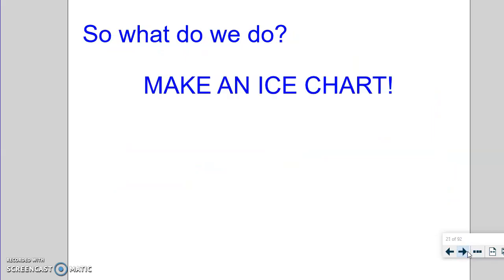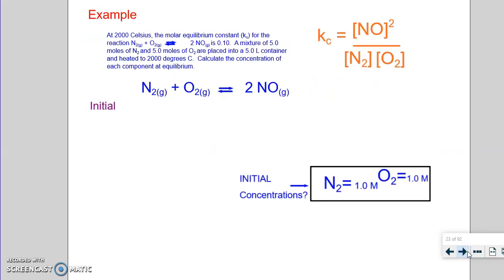So what do we do? Well, we're going to make an ICE chart. Once we make one, you'll see why we call them that. What we're going to do is start by asking ourselves, what do we know about the initial conditions? And we're going to make a little row below there. So the nitrogen, we know we have 1 molar before anything happens.